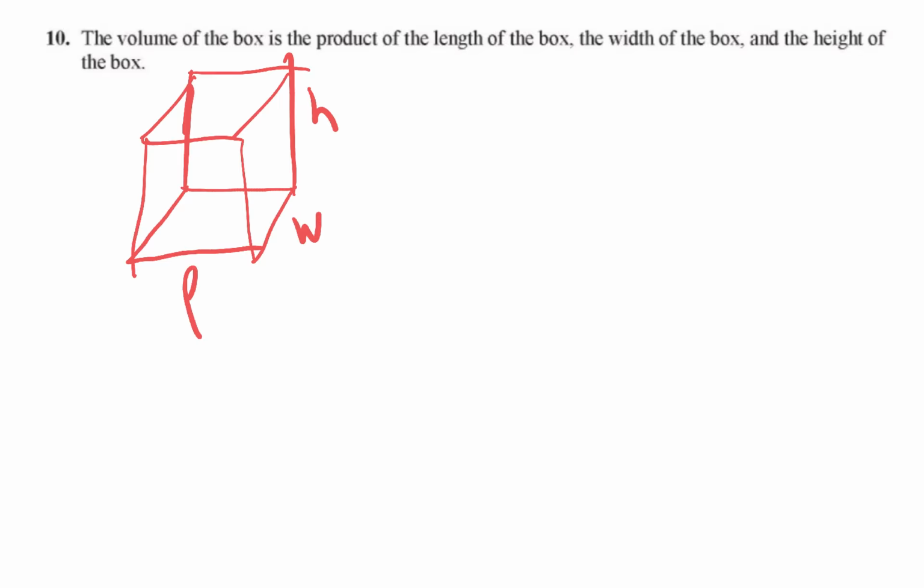We call it L for length, W for width, and H for height. The volume is the product of the length and the width and the height. So I will write L multiplied by W multiplied by H, and this will be the equation. So I'll be waiting for your answers for the 10 problems.